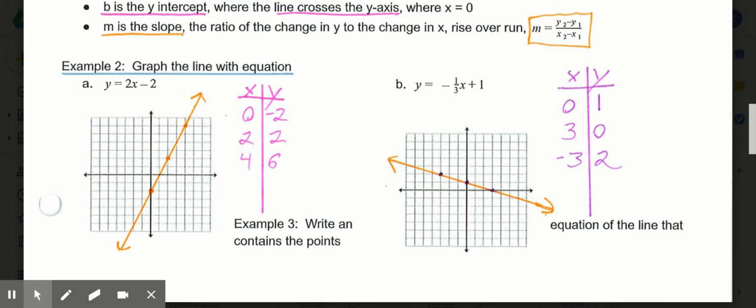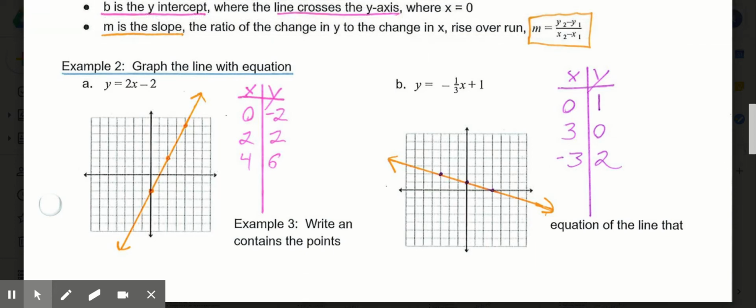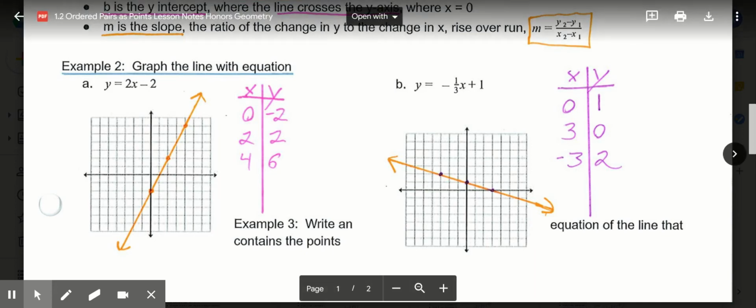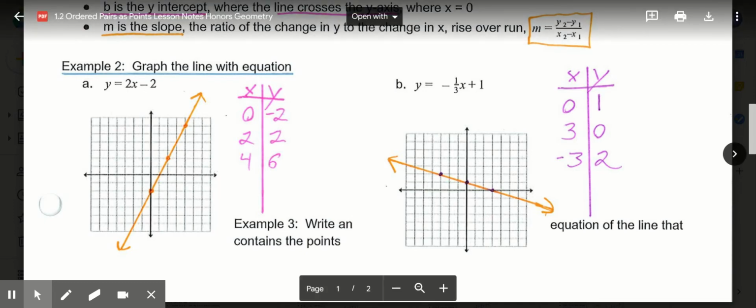And in part B, we have y equals negative 1/3 x plus 1. So in this case, negative 1/3 multiplied by x, plus 1. I'm going to use both approaches again. First, using the xy t-table, choose some values to put in for x. I always use a 0. That allows us to figure out our y-intercept if you don't want to just take it from the equation.